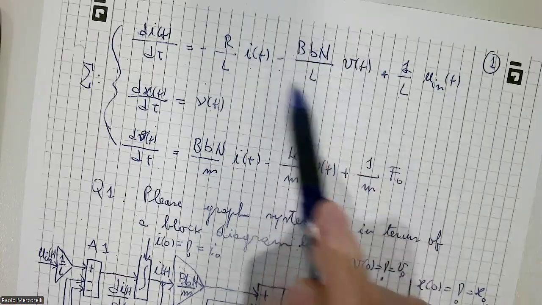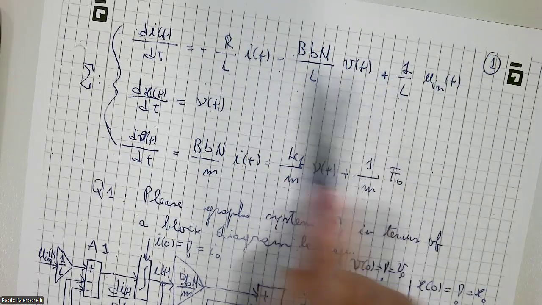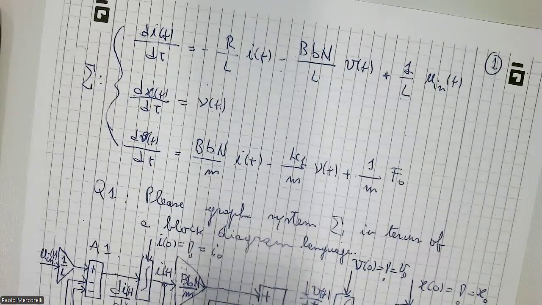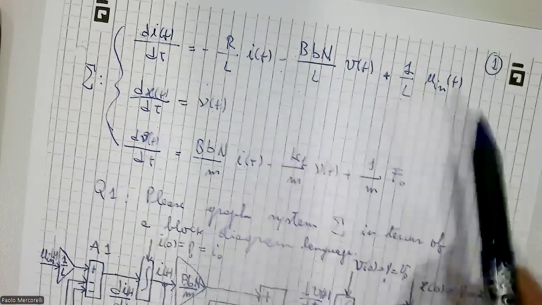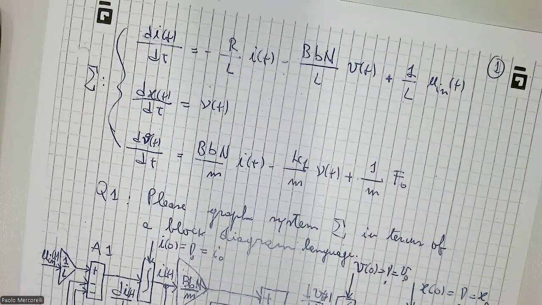The brake effect is here. We can see minus plus, minus plus, minus plus. It depends which of both dominates. But we don't have to go so deep in the exam.